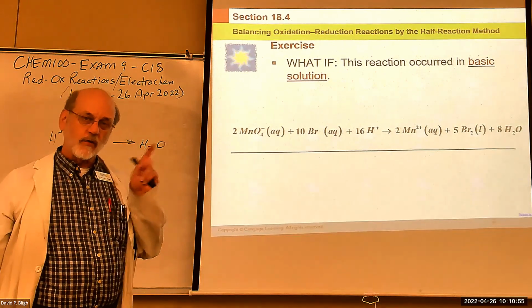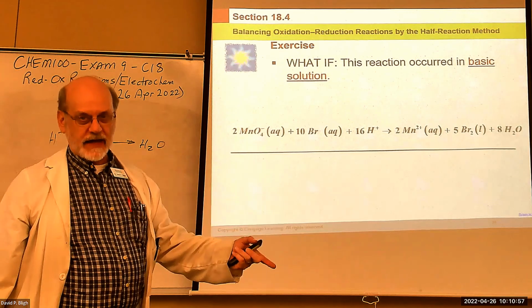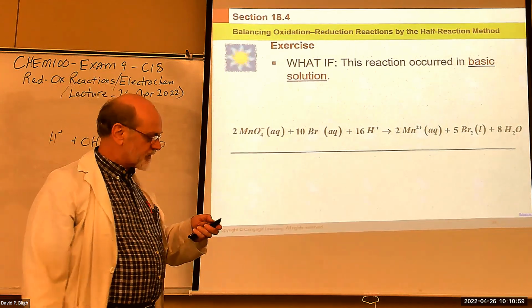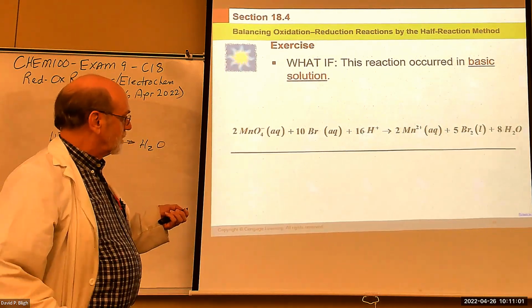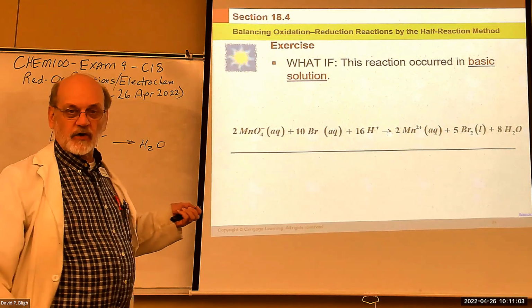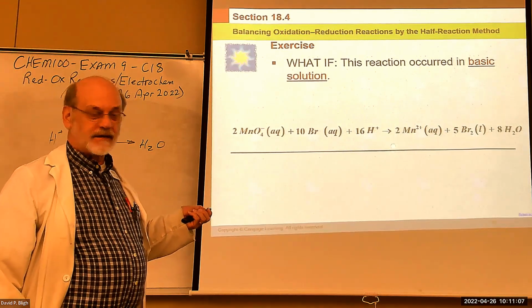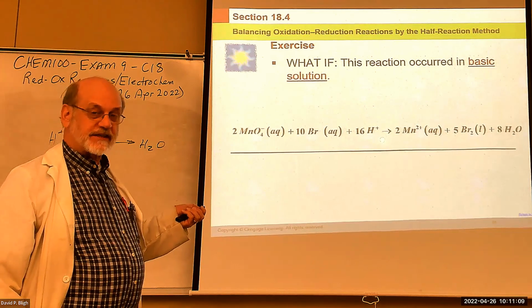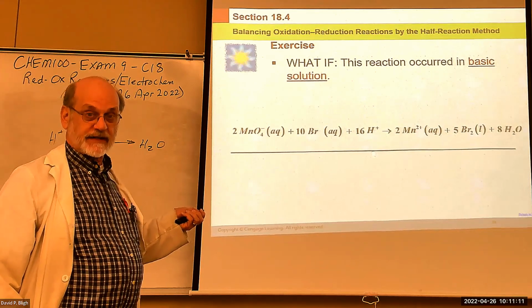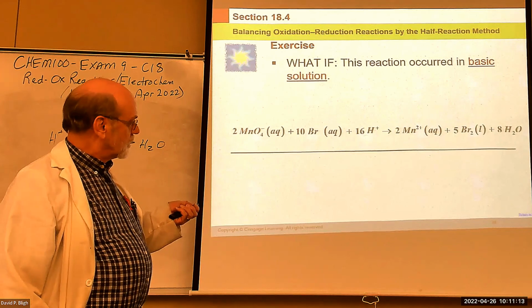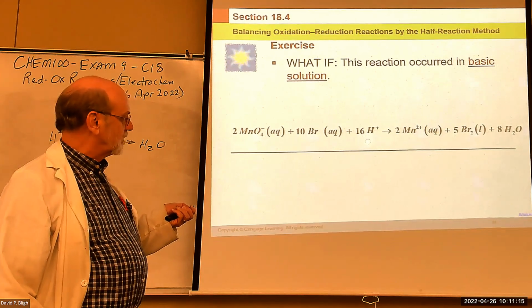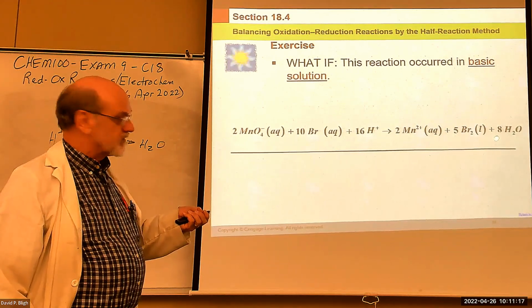But if you add hydroxyl on one side, you got to add hydroxyl on the other side. So in this case, how many hydroxyls will combine with these hydrogens? 16. Right? 16 OHs and 16 H pluses will give you 16 waters. So we're going to add OH on this side and OH on that side.